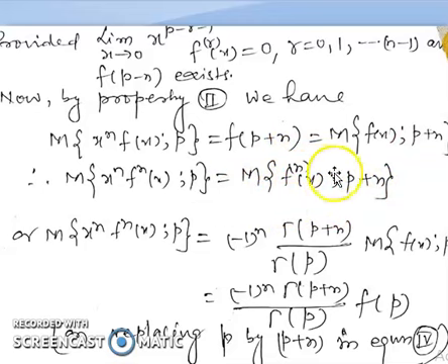And the value of this result we have already evaluated: minus 1 to the power n gamma of p plus n divided by gamma of p, M of f(x) such that p. So this is the result. What we have done, we have just replaced p by p plus n in equation number 4, and we get this result.